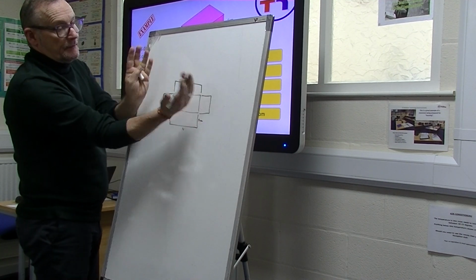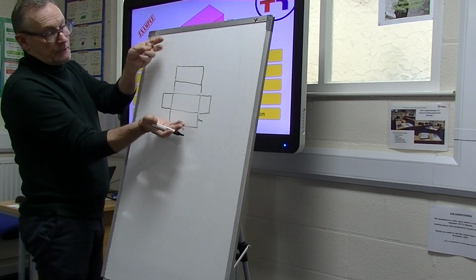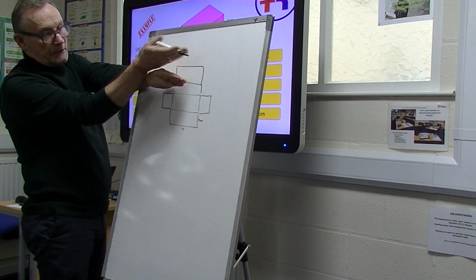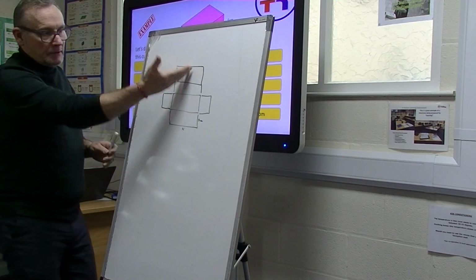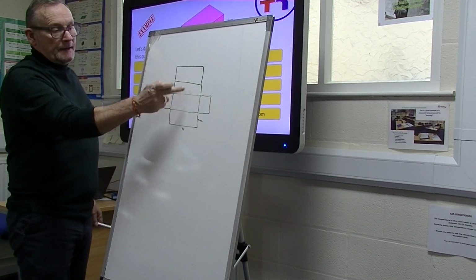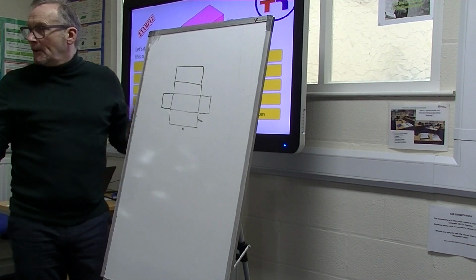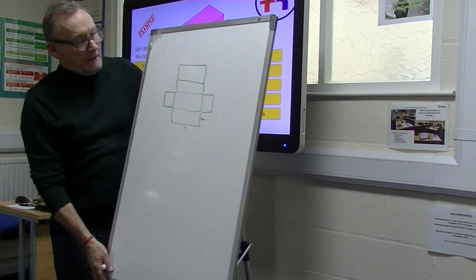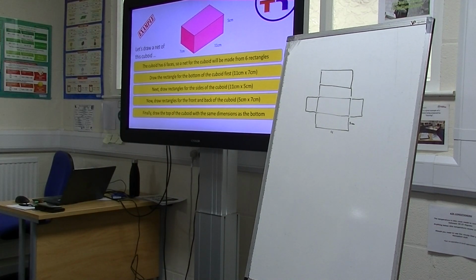There's the two ends that you fold up, and then here would be the top. So you fold the two sides up, and then the top folds over the top. Does that make sense? Yeah? So that's what it would look like. 1, 2, 3, 4, 5, 6. Bottom, side, front, back, side, top. Just imagine you open a box up. Think to yourself, if you're doing a bit of recycling, you've had a box from Amazon and you need to get it in the bin, just open it up. Yeah, you could do that at home, you could practice it at home, no problem at all.